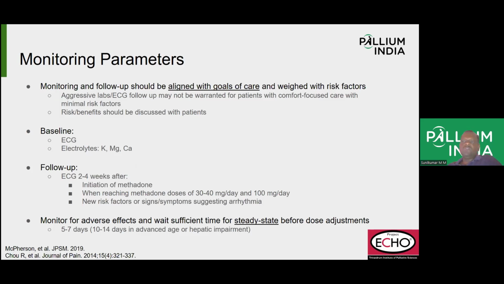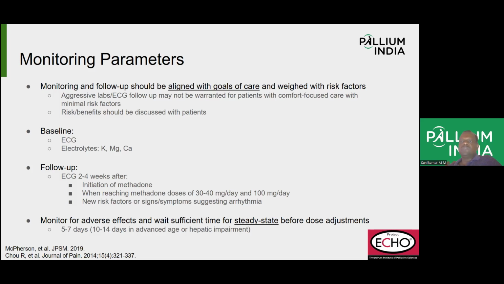So how do you monitor if the patient is on methadone? The monitoring should be aligned with goals of care. If we have a patient who has a very advanced malignancy or advanced lifelong disease, in such patients the goal of care would be only comfort, isn't it?